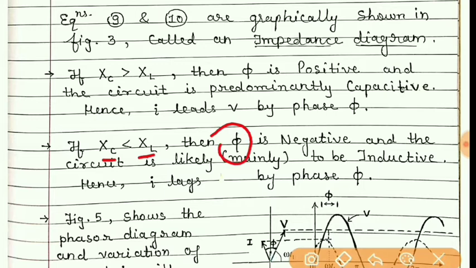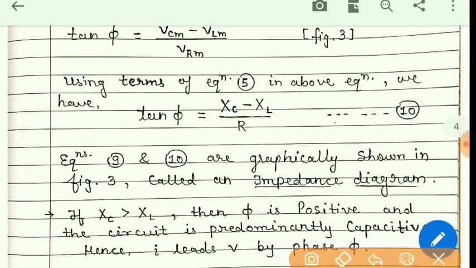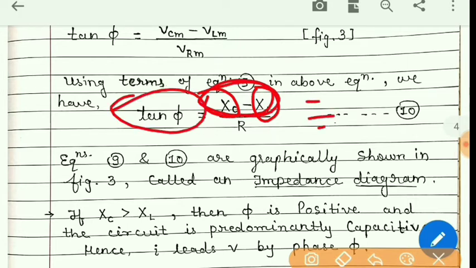But what happens if XC is less than XL? Then this angle phi will be negative, because in this formula you can see that if this value is greater than this value, then this term in the numerator will be negative, and so tan phi is also negative, and as a result phi will be negative.